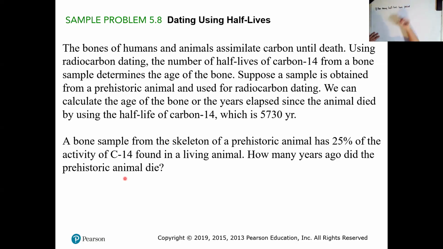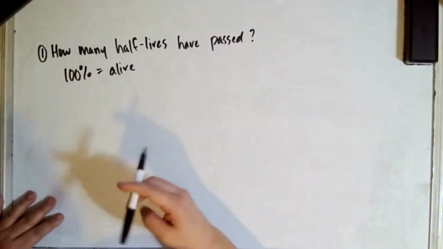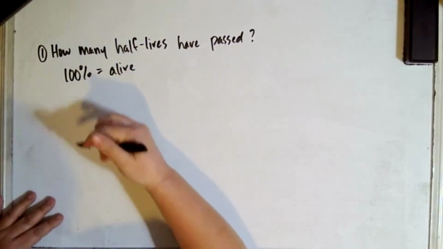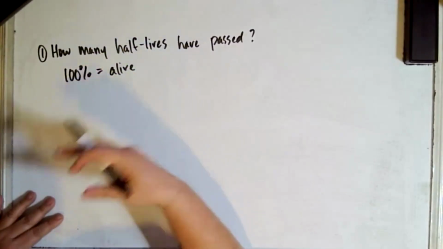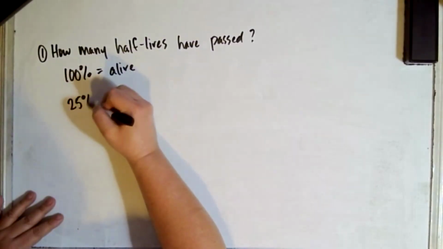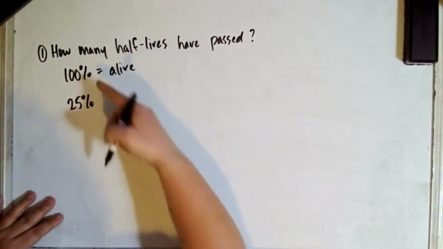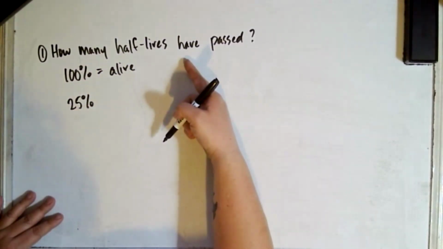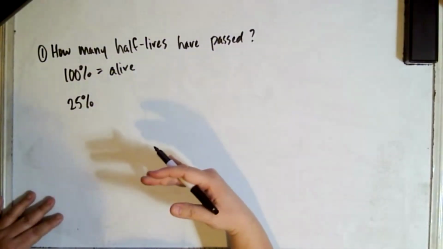We know that when an animal is alive, it has 100% of its carbon-14 activity. Right now, this particular prehistoric bone that we're looking at has 25% of its activity. So it's gone from 100% down to 25%. That's something that we can track using the half-life method.